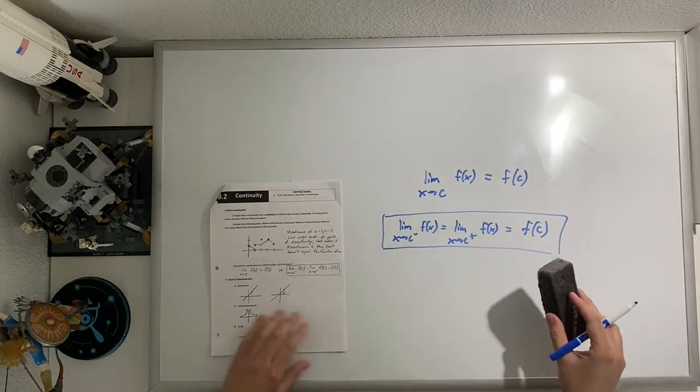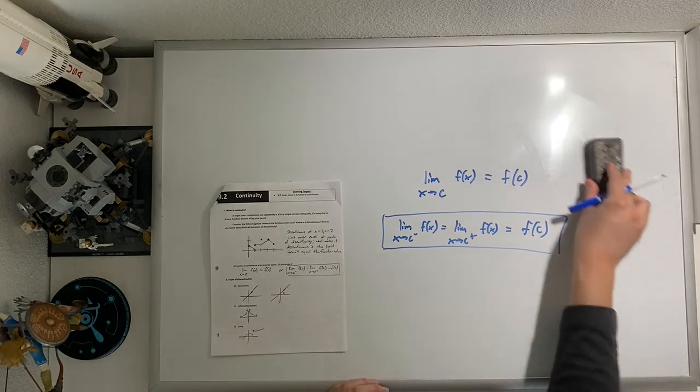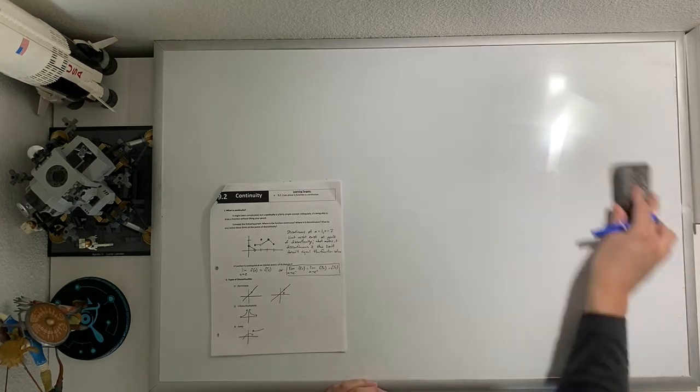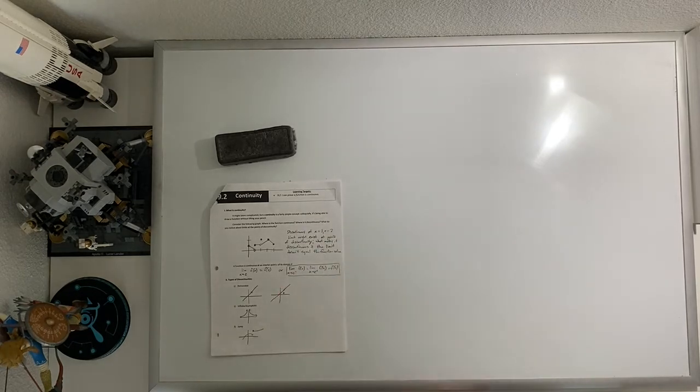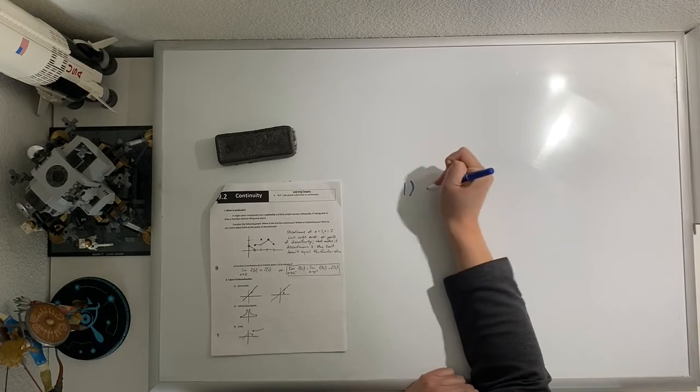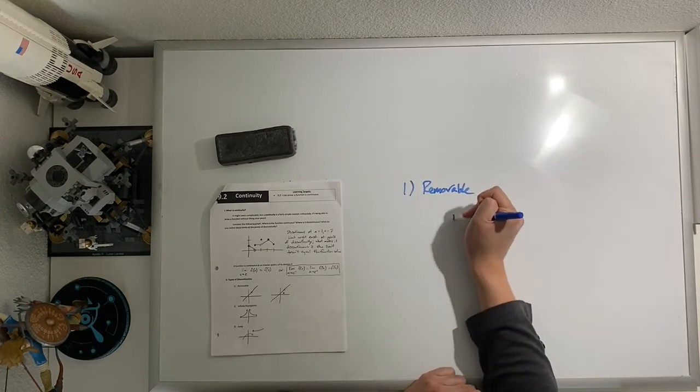Now, before we jump into some examples of how we use this definition to show that a function is continuous or not, I do want to talk about the types of discontinuities. We have a few types that we classify and name. First, we have what's called a removable discontinuity. That looks something like this.